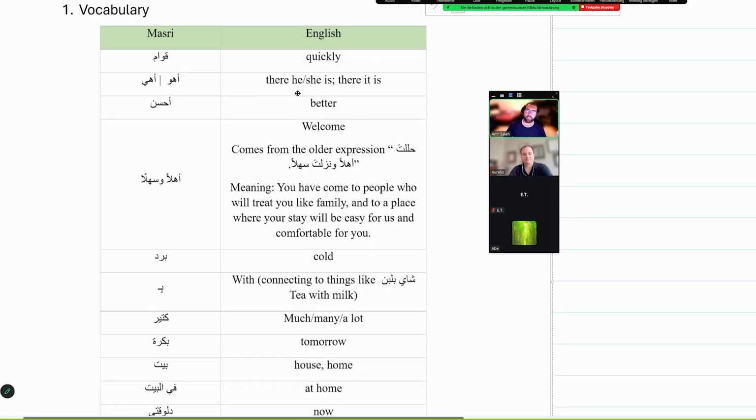So the first thing we have is awam, which actually means the figure of someone, like how someone is standing. This also means quickly. I don't know how one meaning led to the other, but this is where it comes from.